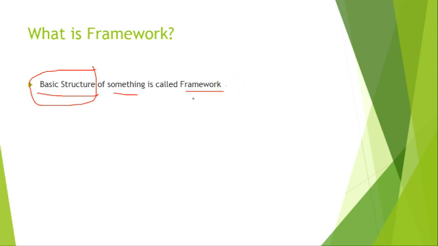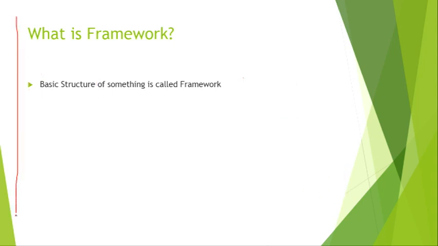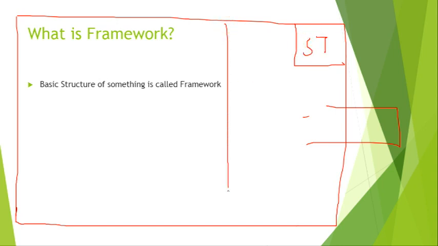So let's say I have a house. This is my house and this is the entrance. Once I enter, there is a shoe stand here, and there is a drawing room, and this is my dining table.